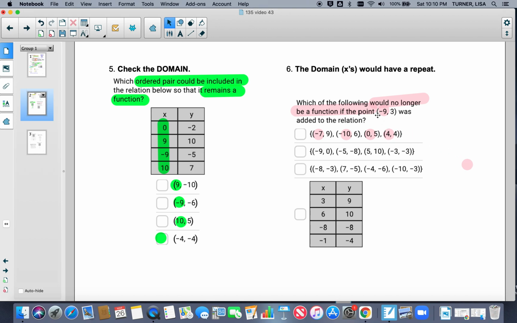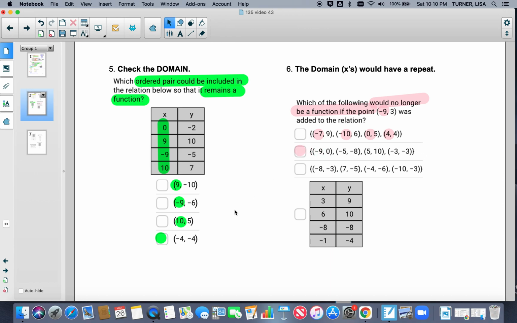Could I add -9, 3? Yeah, I could add -9, 3. That would still be a function, but I'm looking for the one that would fail. And so when I look to the next line, there it is. -9 is right there. I have a repeat. That would not be a function. It would no longer be a function if I added that to this list. And so this is my answer here.